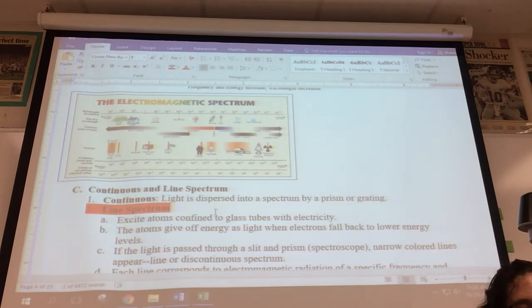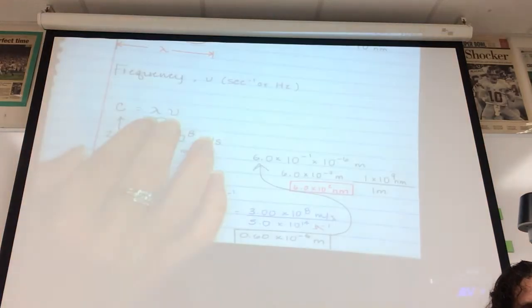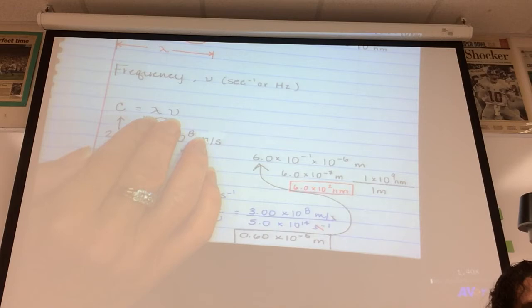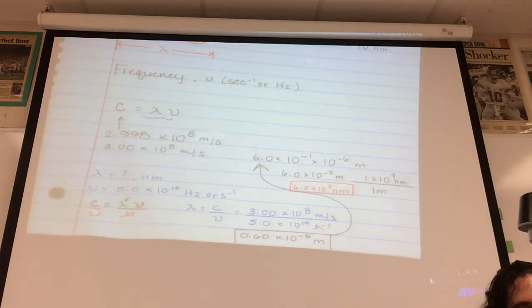Your take-homes for today. Wavelength and frequency have an inverse relationship. Can you calculate both without a calculator? Do you understand the discovery of the subatomic particles and the role that the people played in it?